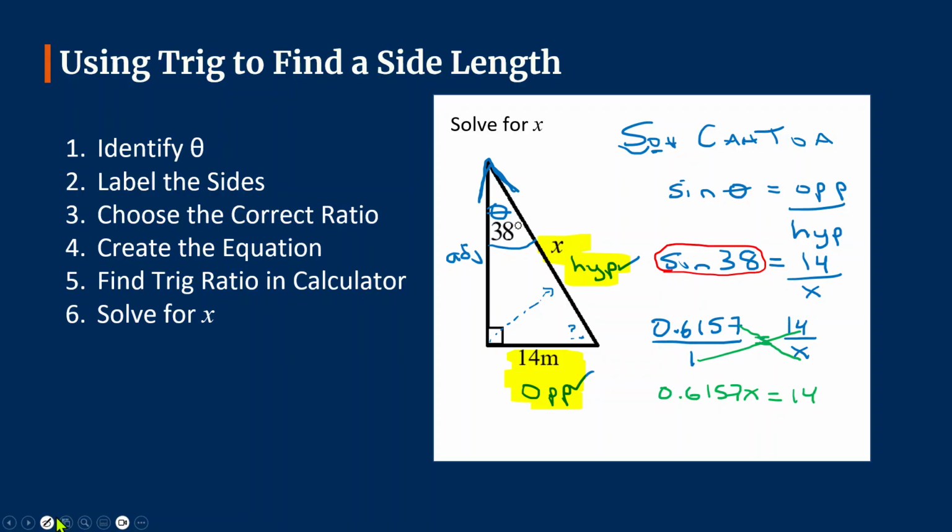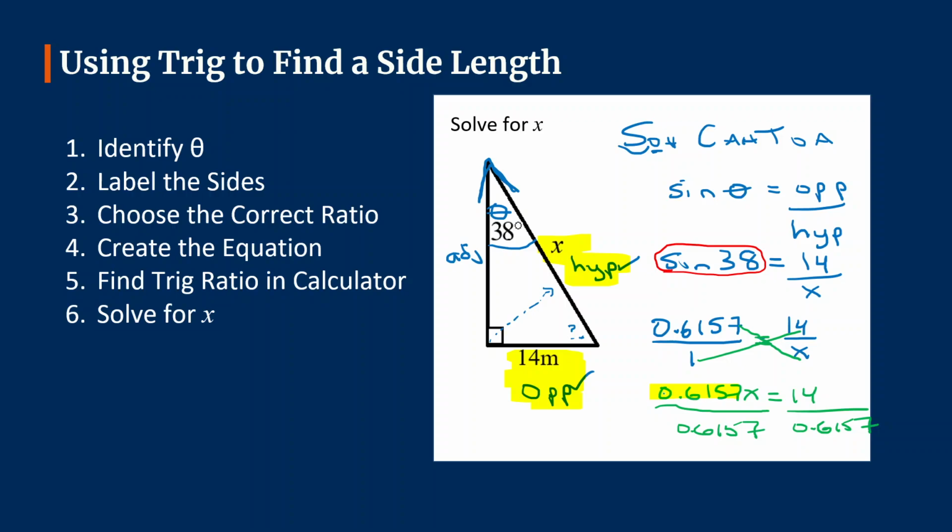Now, solving for x, I need to get rid of this multiply, x times 0.6157. And the way to get rid of a multiply is to make it a divide. So I'm now going to divide by 0.6157 on both sides.